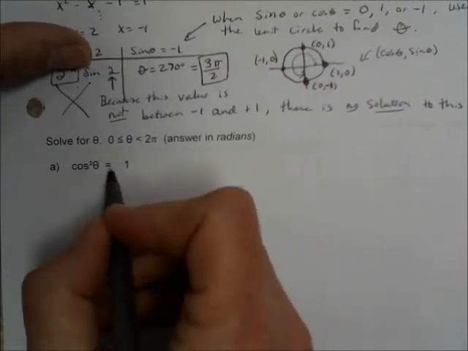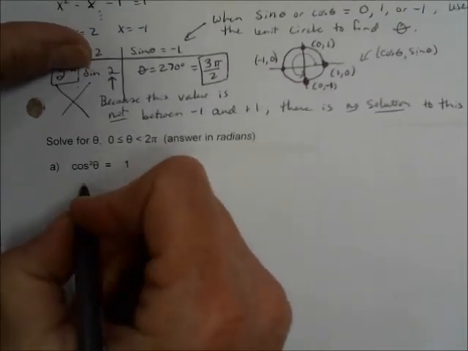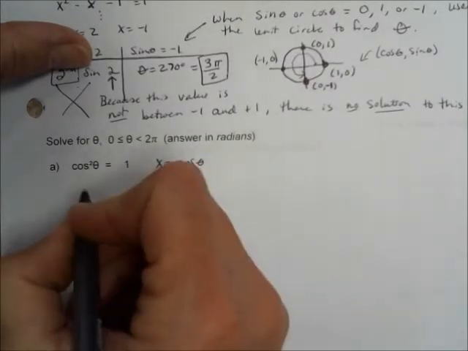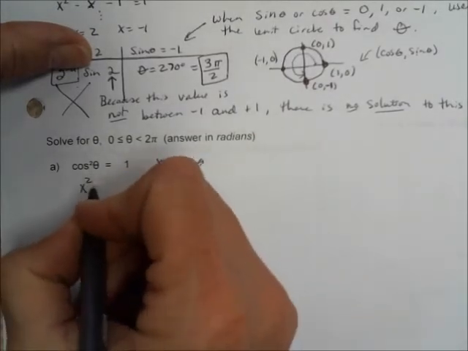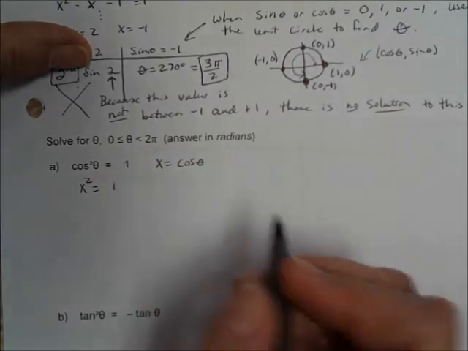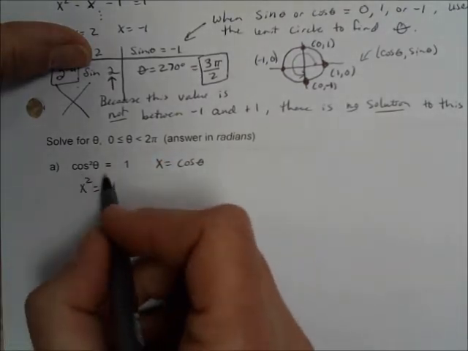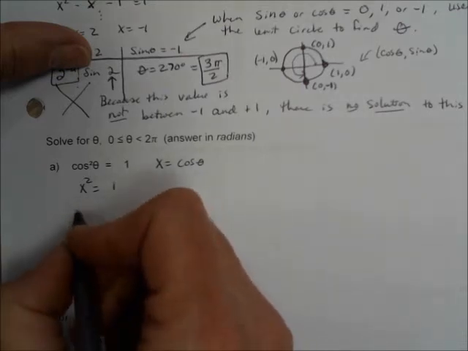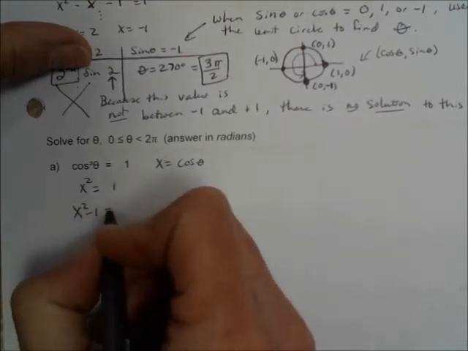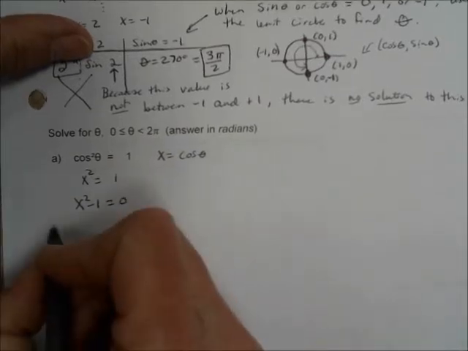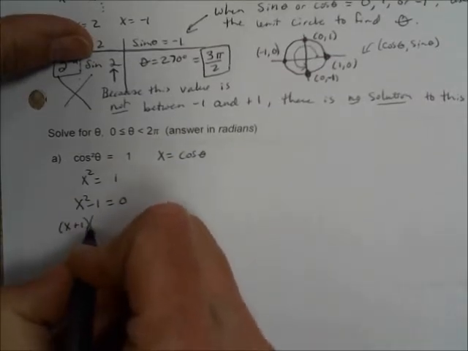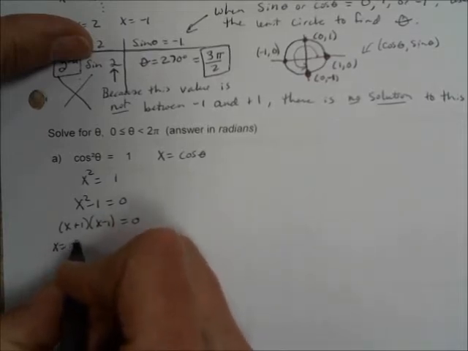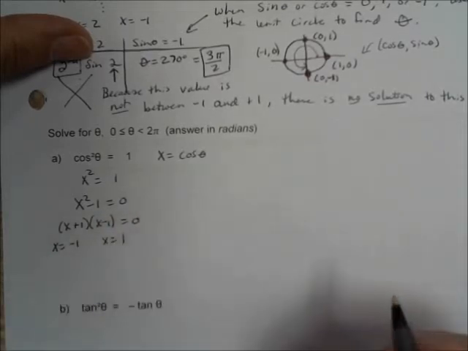Right here we have cosine squared equals 1, which if we let x equal the cosine of theta, this is just like x squared is equal to 1. Well, we can do this 2 ways. We can take the square root of each side, or we can subtract 1 from each side, set it equal to 0, and factor, and say x is equal to negative 1 and x is equal to positive 1.